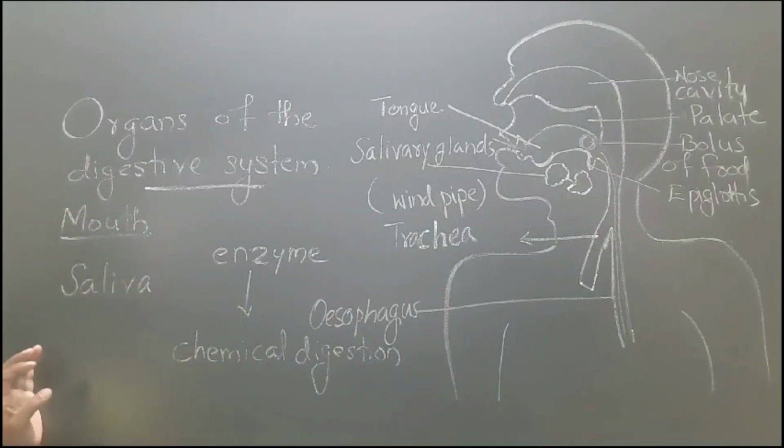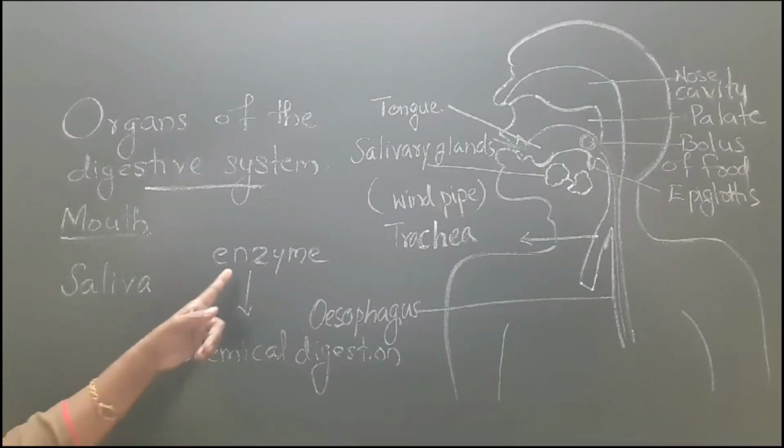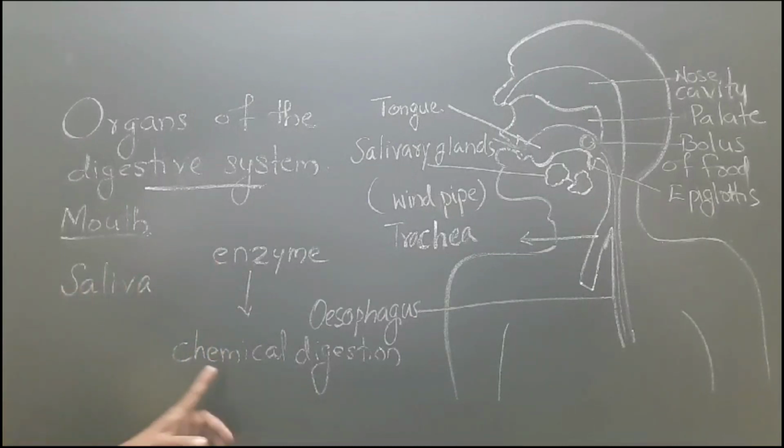What is mechanical digestion? Food is chewed or masticated and broken down into smaller pieces, which is called mechanical digestion. Here in chemical digestion, digestion by the action of enzyme is called chemical digestion.